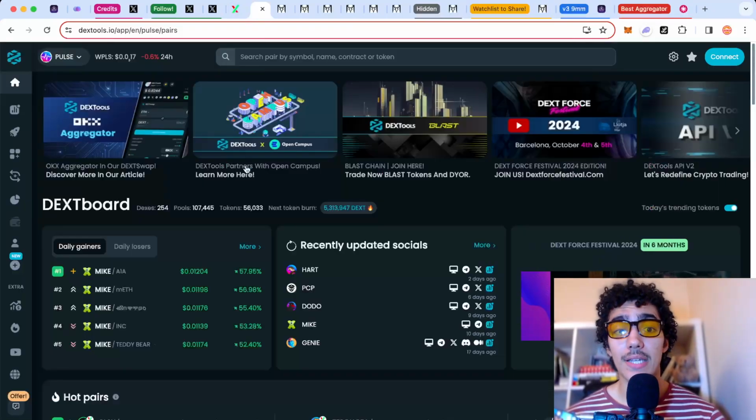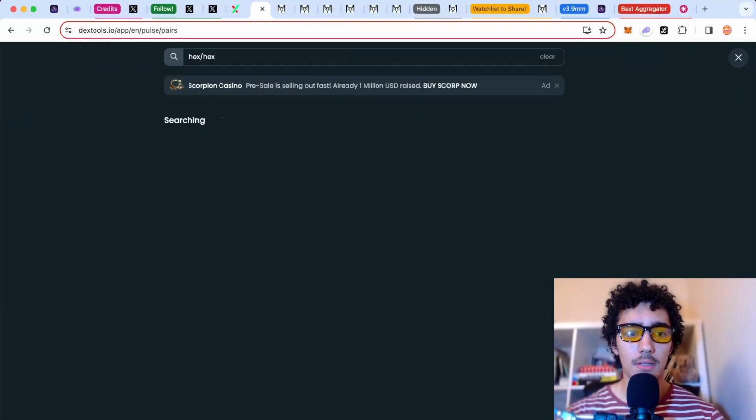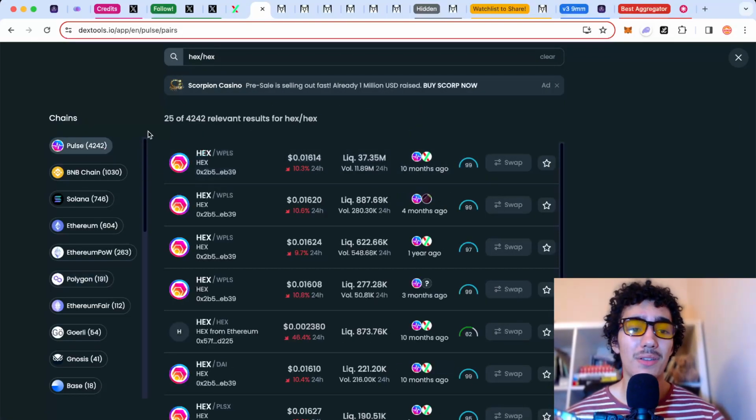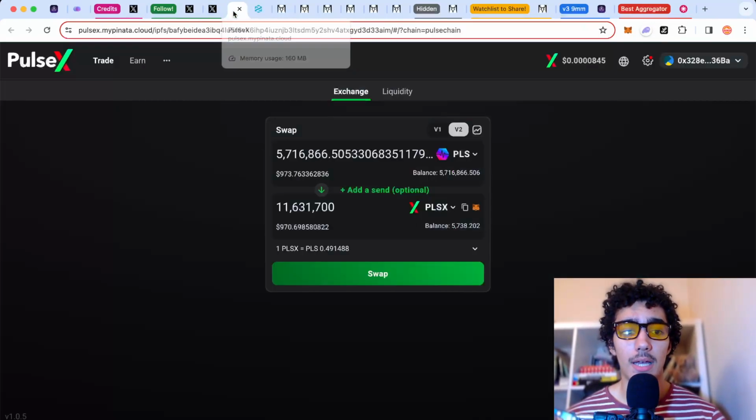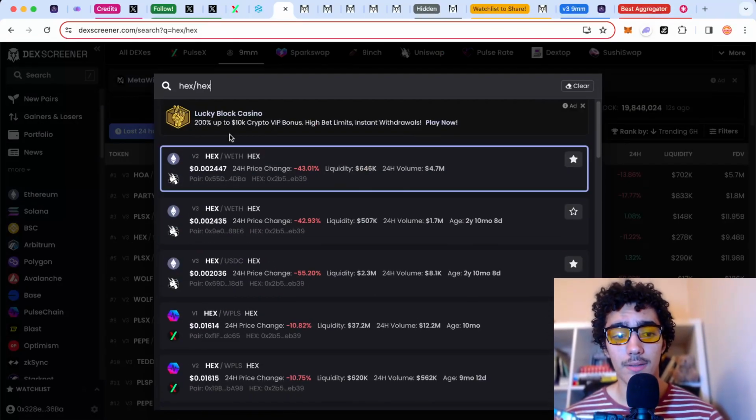So what I had to do was go here and type HEX/HEX. This is the good thing about DEX Tools, and I think they need to incorporate that feature in DEX Screener. When you're looking for pairs, you can filter for specific chains, but in DEX Screener you can't really filter. It shows you everything, which is kind of annoying.